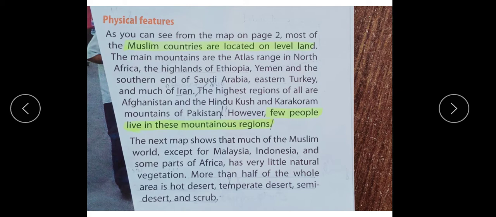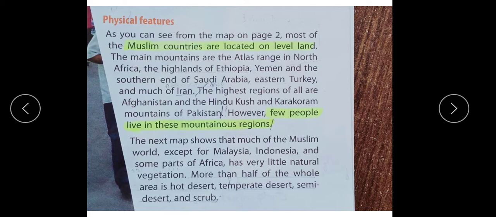As you can see from the map on page number 2, most of the Muslim countries are located on the level land. They mean to say that 1000 meters or more than 1000 meters height is called level land. The main mountains are the Atlas range in North Africa, the highlands of Ethiopia, Yemen, the eastern end of Saudi Arabia, eastern Turkey, and much of Iran.